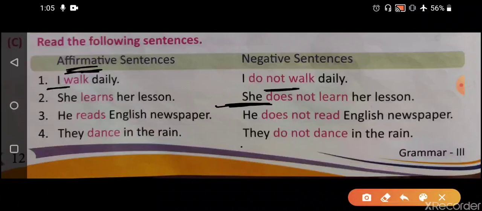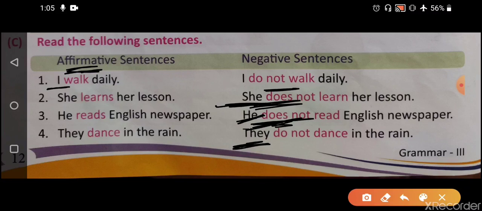But when the subject is plural, the helping verb that we use is do. So whenever the subject is singular, we use does. Alright, no matter if the subject is female or male, like he and she, in both of the sentences we are using does as the helping verb.